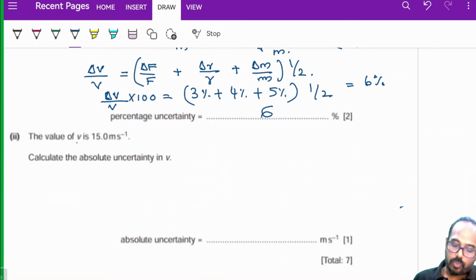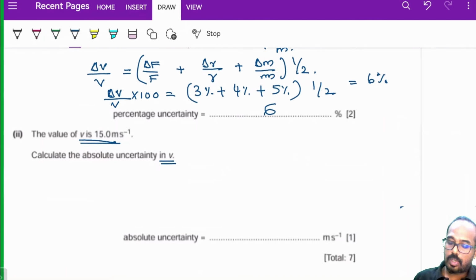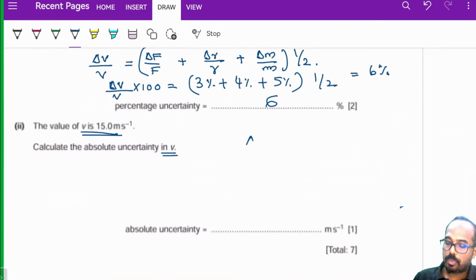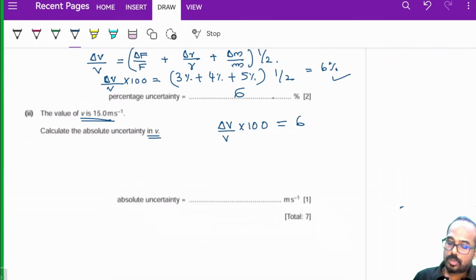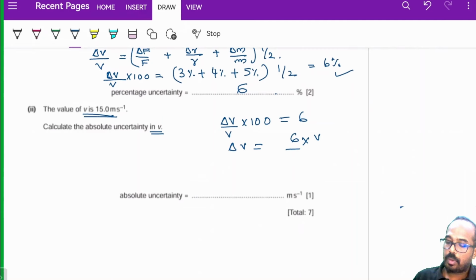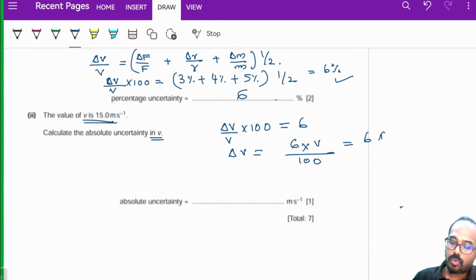The value of V is given 15 meter per second. Calculate the absolute uncertainty in V. So absolute uncertainty, you have the fractional uncertainty or percentage uncertainty delta V upon V into 100. This is the percentage uncertainty in velocity, which is equal to 6, right? So delta V is equal to 6 multiplied by V upon 100. You're solving it for delta V here, right?